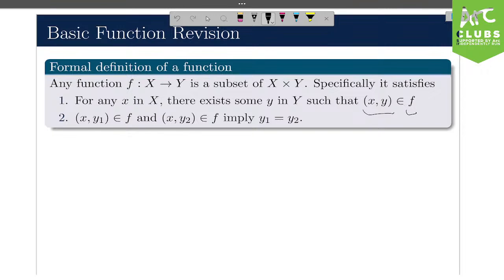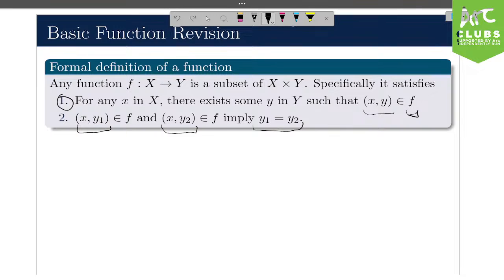And if there are two ordered pairs in F with the same first value, then the second value must also be the same. So basically what that translates to is that this first part tells us that for any x in X, there's some output for x, right?